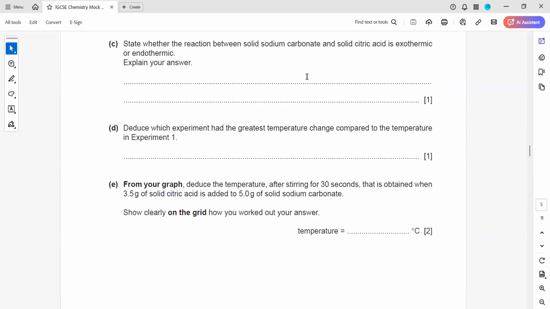Next is: state whether the reaction between sodium carbonate and citric acid is exothermic or endothermic, and explain your answer. So, what kind of reaction is this?